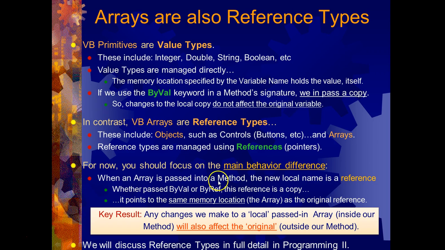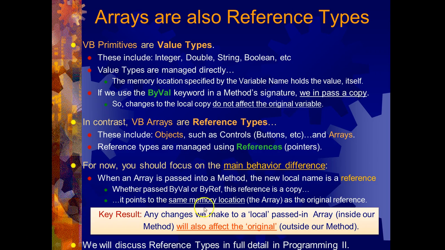So we expect that if we use by reference, it's going to be a reference or like a pointer. But we don't expect that, according to what I said just before, to be true if we use the by val keyword.